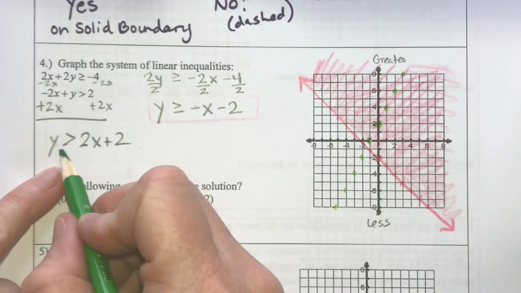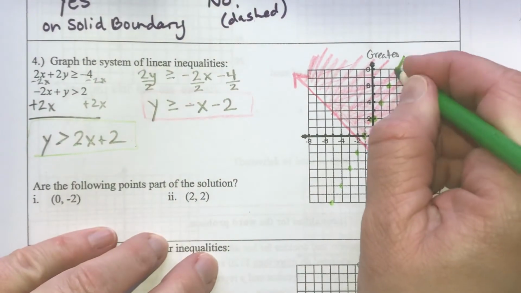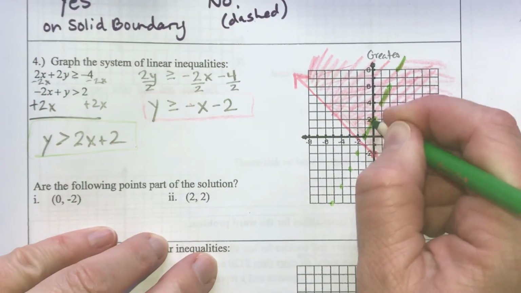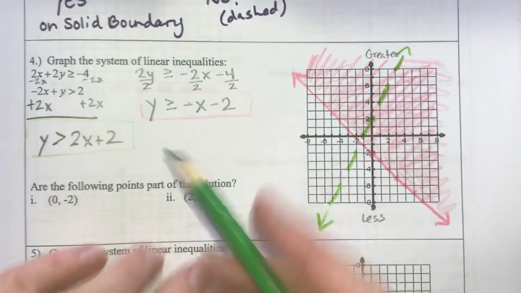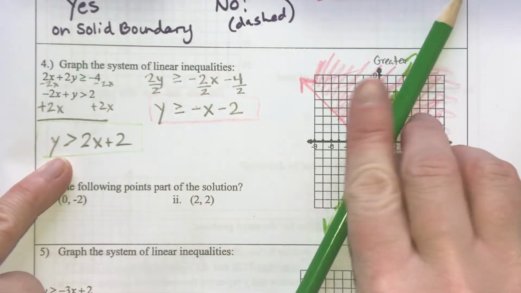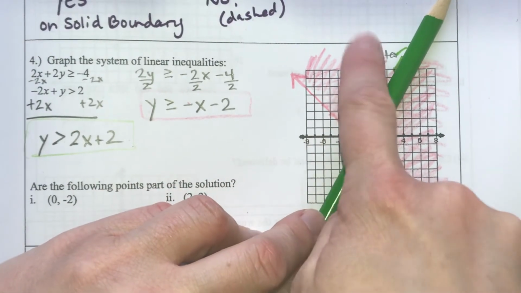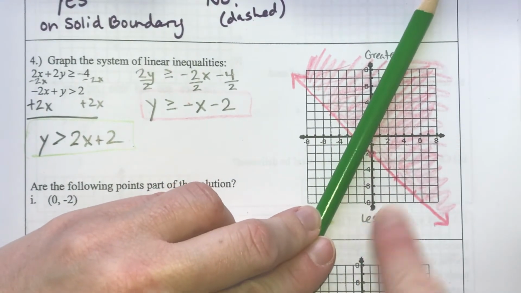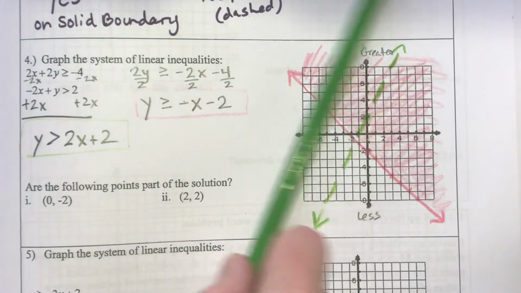And this line is going to be dashed because there's no solid line underneath there, so maybe connect every other set of points or so. You kind of decide. And then again, this symbol says greater, so as I'm looking at this green line, this side of the green line has the word greater. This side of the line has the word less, and so I'm going to shade this side of my green line over here.